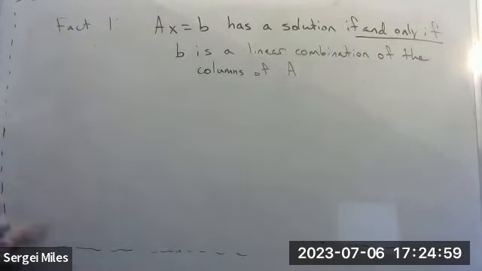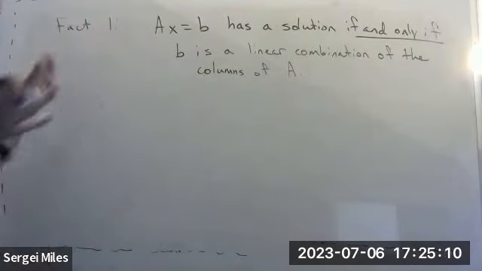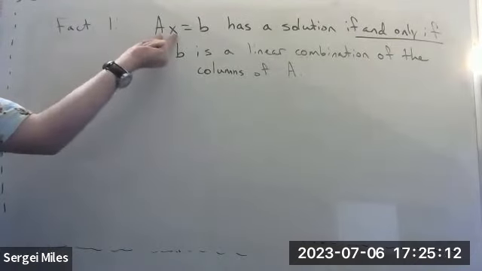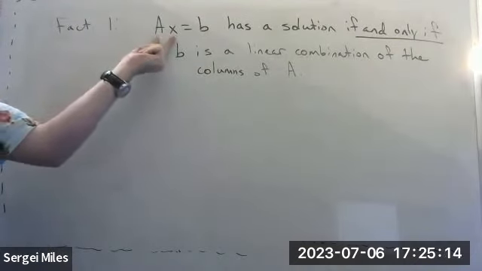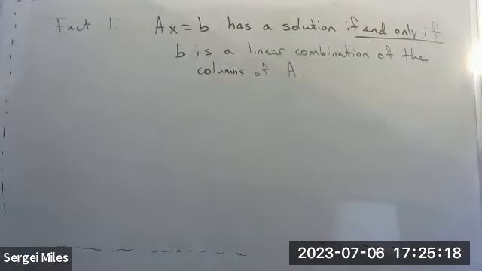But this goes both directions. If b is a linear combination, that means there are some scalars, x1, x2, x3, and so on, that allow me to multiply the columns together so that I get b. Well, matrix multiplication is the same thing as asking, is there a linear combination? These are the same question, just written out in a different format, which is going to be useful as we continue.